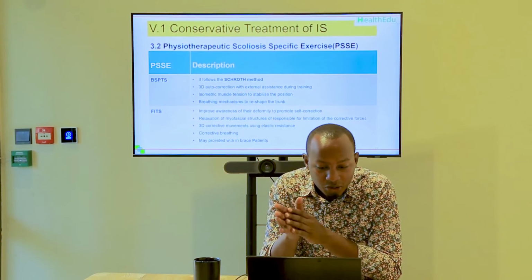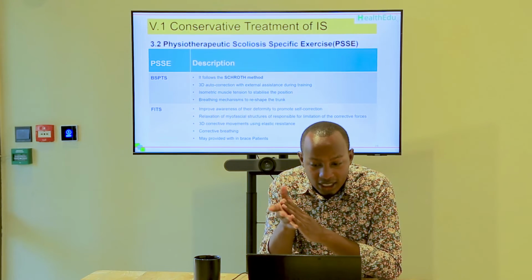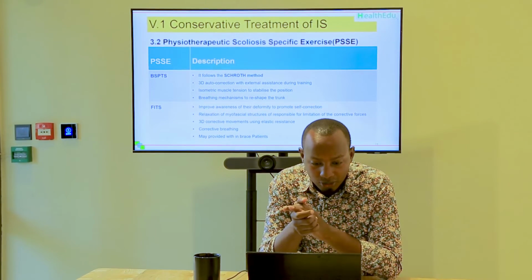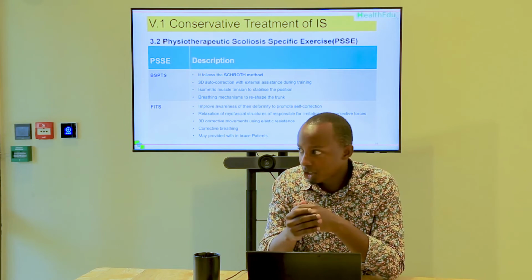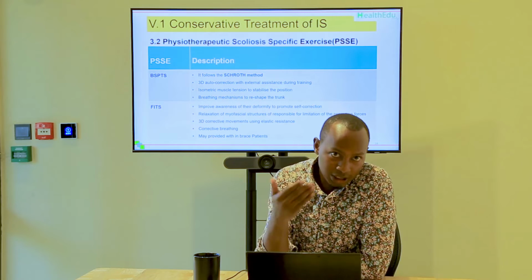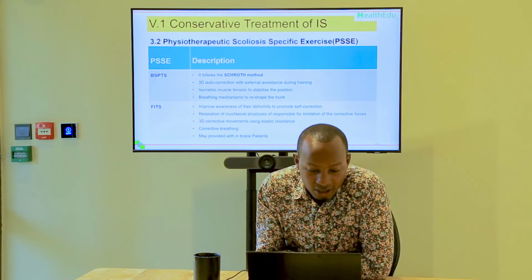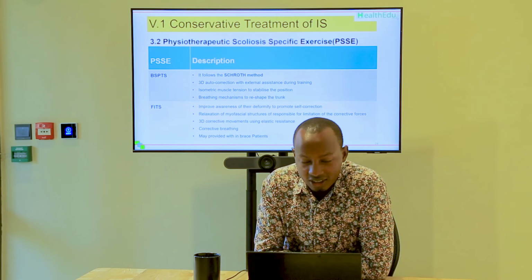And there's isometric muscle tension needed to stabilize the position. And even breathing mechanisms are given to the patient, where they are going to shape their trunk using those breathing exercises or mechanisms they have to use in their daily activities.